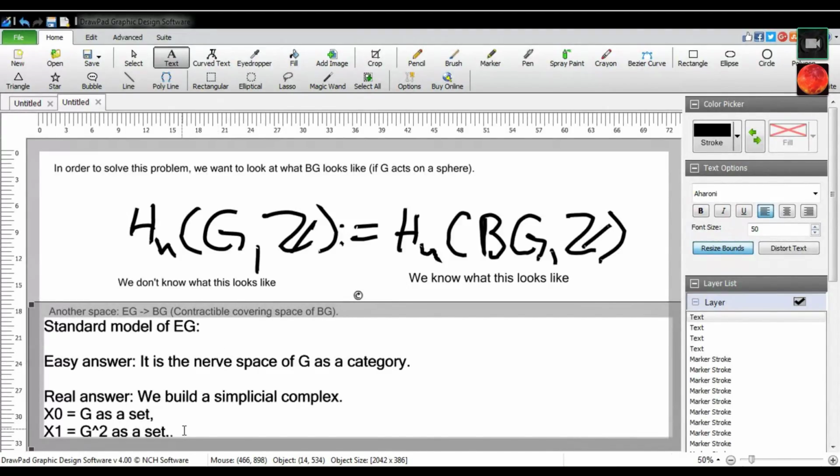What we're doing is we're going to call Xn the set of all n plus 1 tuples of G, with some boundary map.